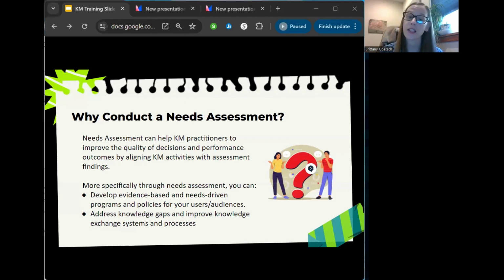It covers both explicit knowledge, so you're looking at not only information and documents and data, but you're also getting at tacit knowledge, right? So what skills do people have? What experiences do people have? What abilities do people already have? Or maybe what are they looking to gain? What skills do people feel like they need?